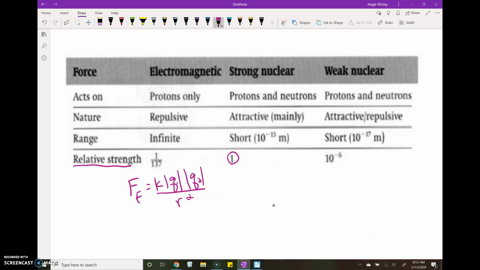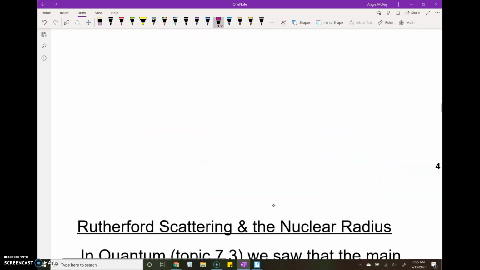And we're going to talk about different types of nuclear decay later, but this is responsible for beta decay. And again, I just want to have that note there, but we'll go into more detail later on.